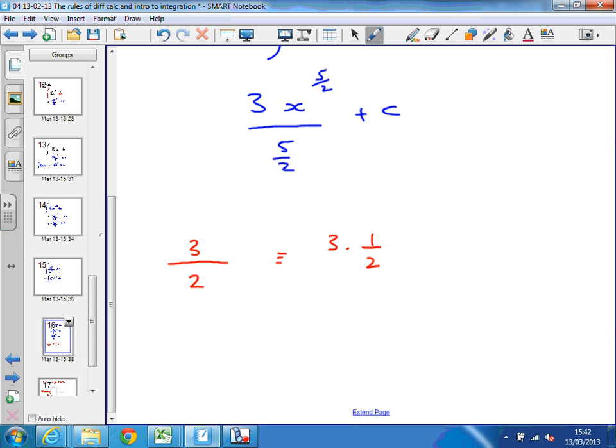The inverse, in other words. But I can think of 3 divided by 2 like 3 divided by 2 over 1. So actually, when I multiply, I'm inverting this fraction. 2 over 1 becomes 1 over 2. You might have heard when you're at school, one fraction divided by another. Can anybody remind me what you do?